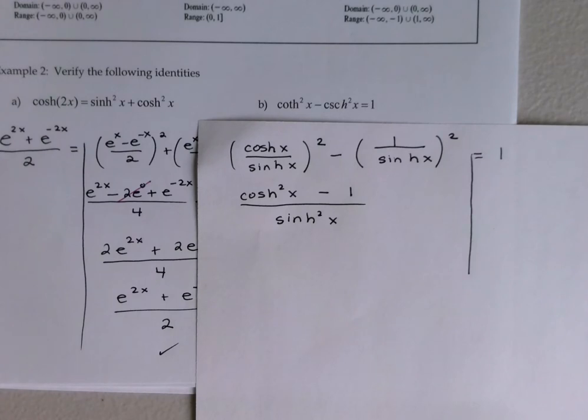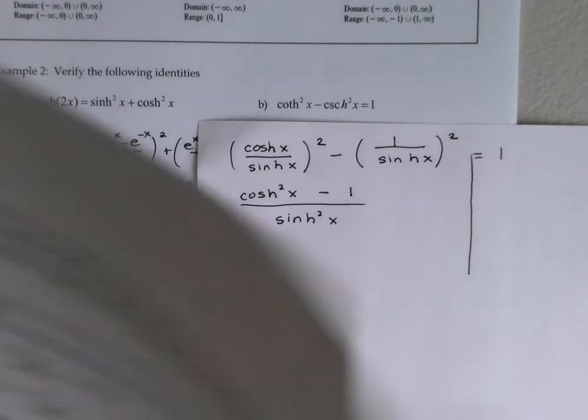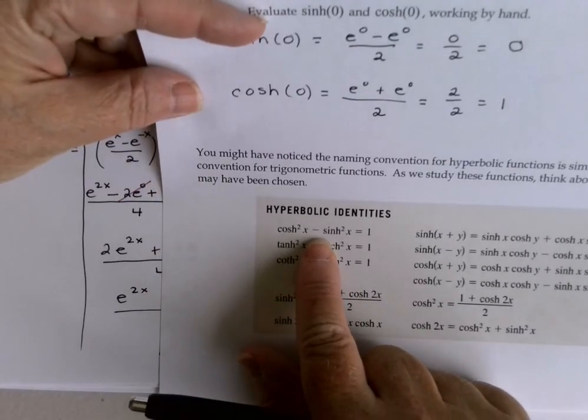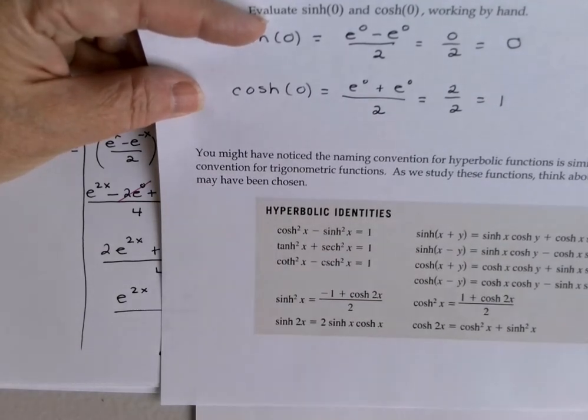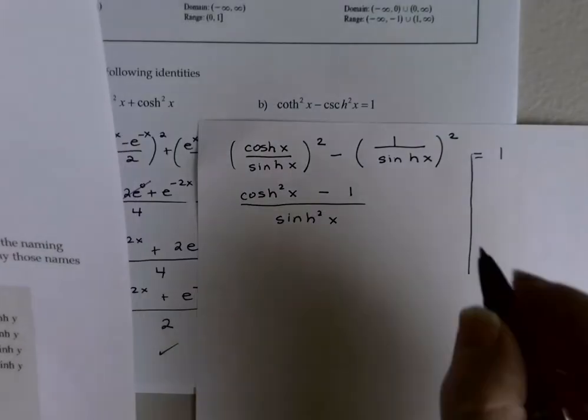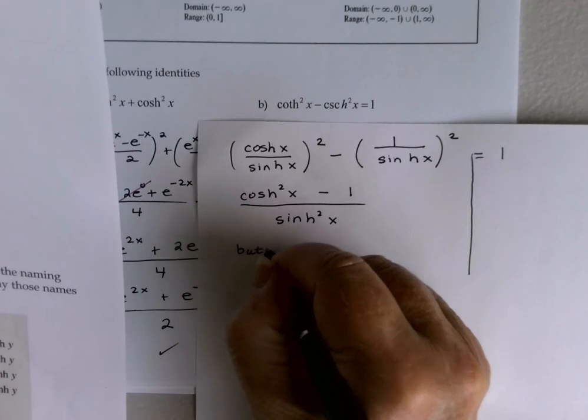All right, at this stage, I'm going to do just a little bit of using an identity that we already proved, right? We already proved that one. And I'm going to say, if I swapped the places of the 1 and the hyperbolic sine, what would happen?